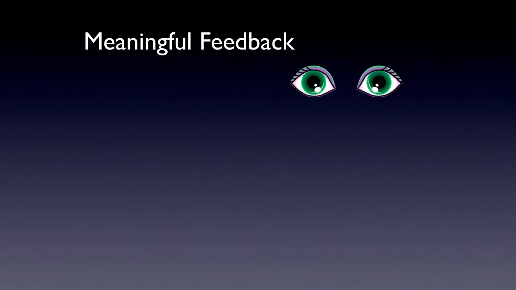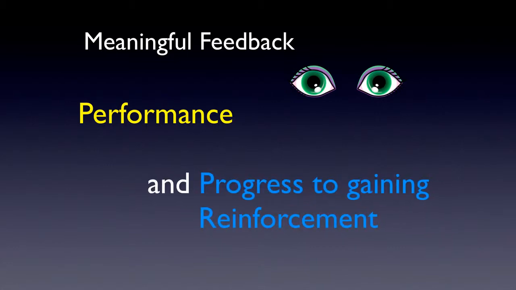As with other skills we teach our students, they will make far more progress in learning our expectations if we provide meaningful feedback. In many cases, it will help to have a visible system that students understand and that shows them how they are doing and how they are progressing towards their reinforcement.